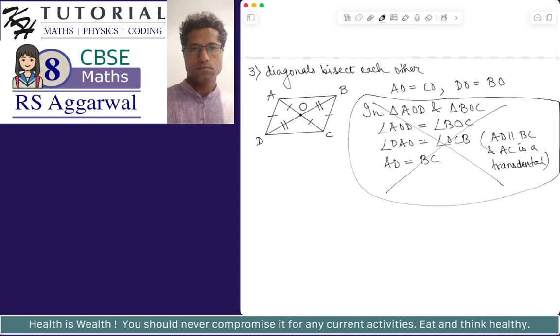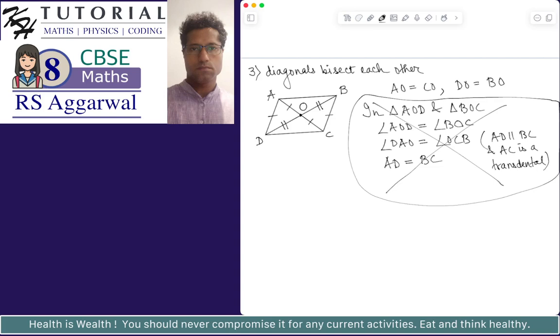We need to prove AO is equal to OC and OD is equal to OB. So to prove that AO equals OC, definitely we have to consider two triangles where AO is the side of one triangle and OC is the side of the other triangle.